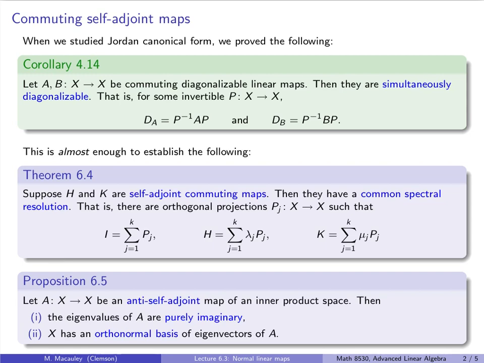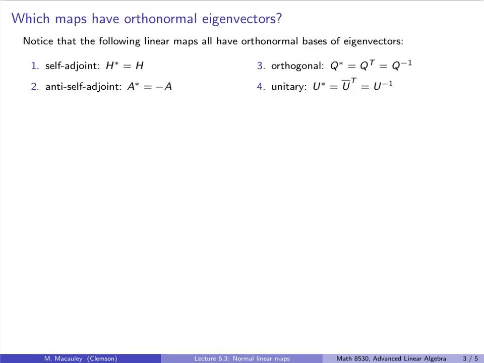I'm bringing this up because this is yet another class of linear maps that we know have an orthonormal basis of eigenvectors. A question that I want to pose to you is which linear maps have orthonormal bases of eigenvectors? In other words, what condition or what property of the linear map is necessary and sufficient to ensure that there will be such a basis?